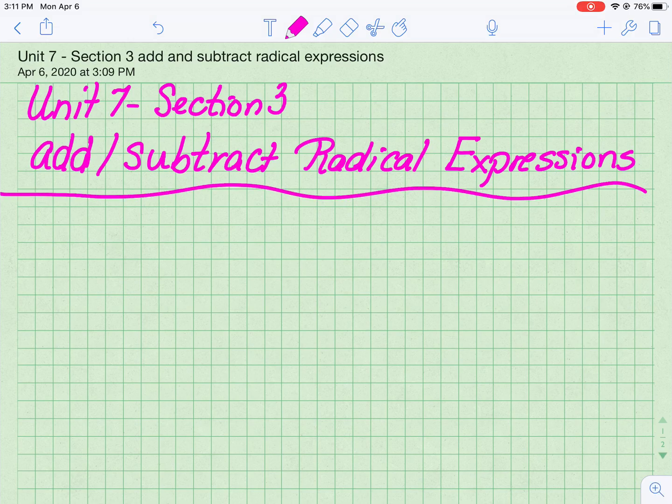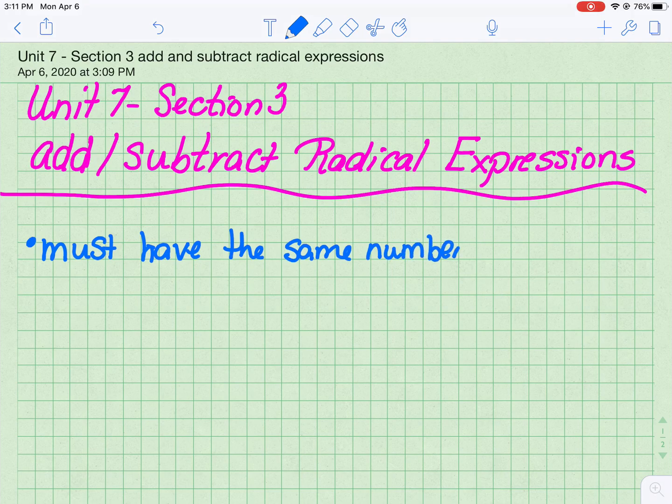Okay, again, we're just simplifying, but this is another way of simplifying radicals. The first thing that you have to remember, and this is the big idea here, is you must have the same number, variable, or term under the radical.